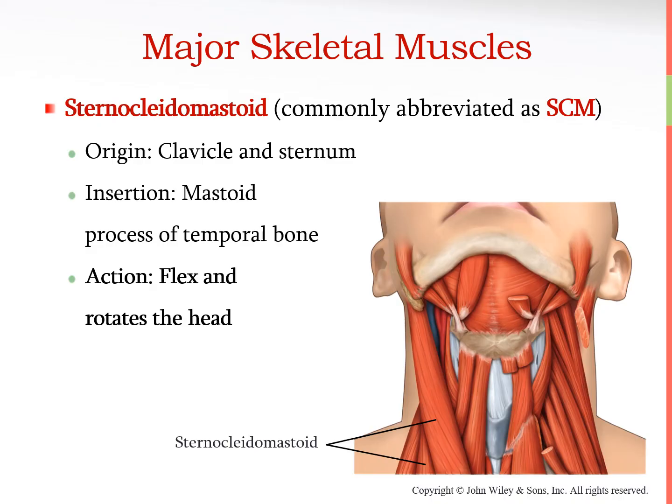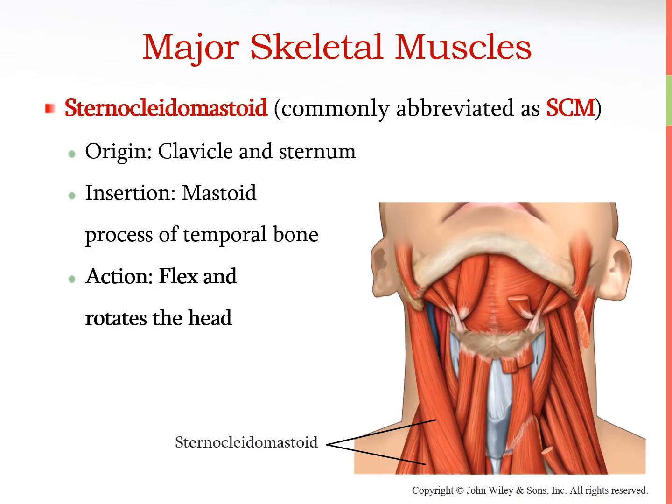So the origins are the sternum, the sternal, the cleido is for the clavicle, and the mastoid refers to the origin, or sorry, the insertion for this muscle, which is the mastoid process of the temporal bone. So this muscle spans essentially several cervical vertebrae as well as the jaw bone.